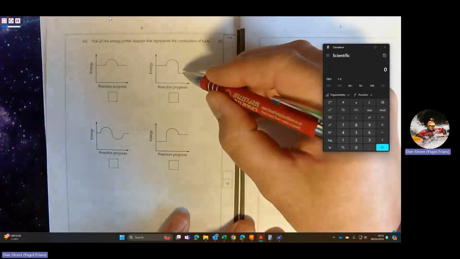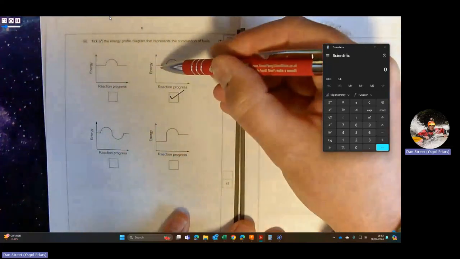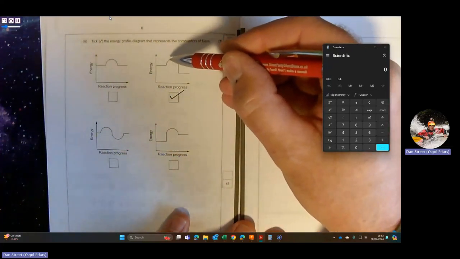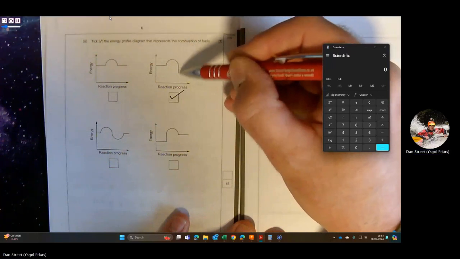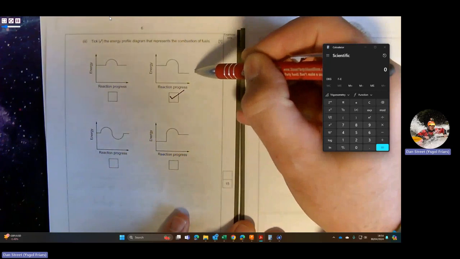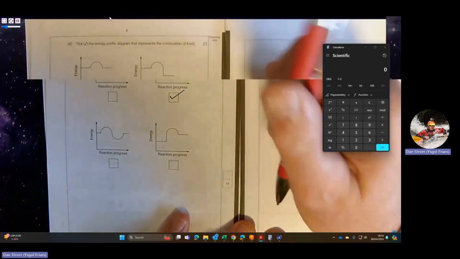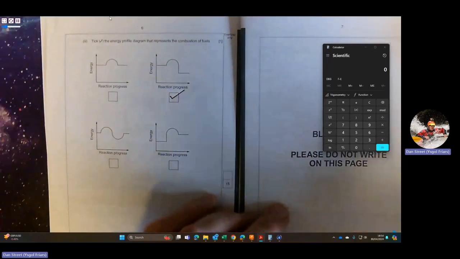This one here is the reaction progress. So it starts off with the reactants at a higher energy. There's a bit of activation energy to get over once you light the wick, but once it's lit, the products are at a lower energy. And therefore that difference there is the energy that we experience as the air getting hot, or the water getting hot in this particular experiment.